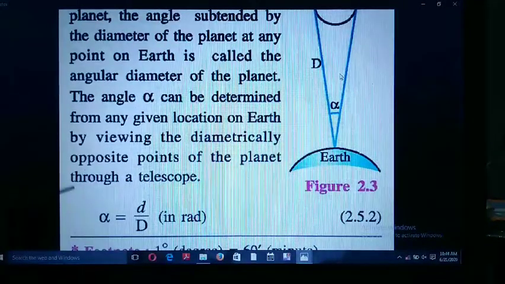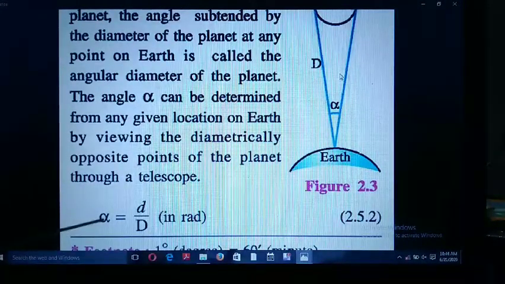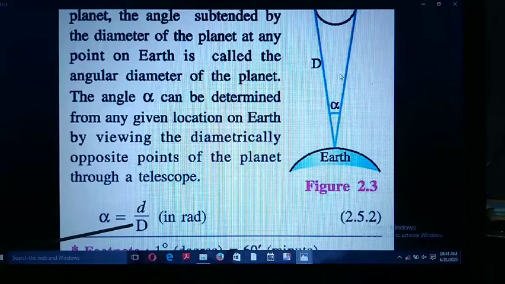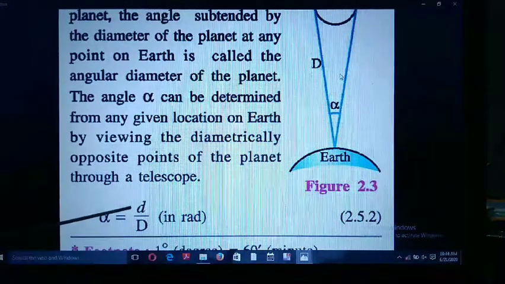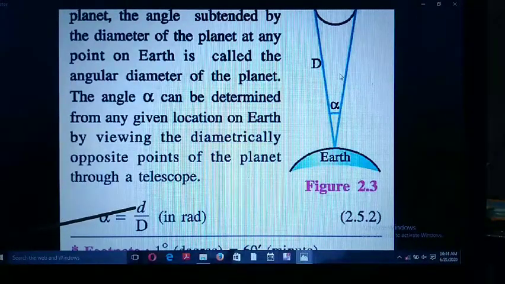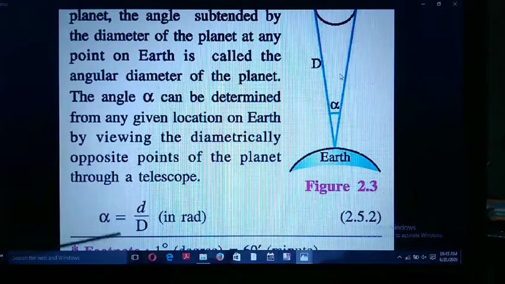Friends, here alpha is the angle and arc is equal to small d and radius we take as capital D. Suppose now we want to find out the diameter of the planet. So small d is equal to alpha into capital D.